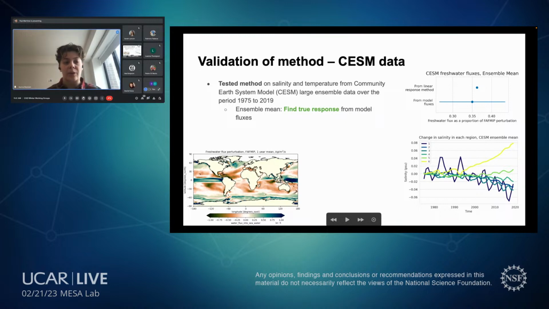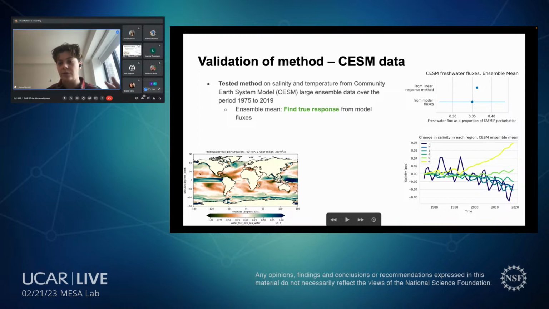The method that we just talked about makes an inference from these time series and gives us an amplification as a proportion of the step forcing pattern. So the output of the method is as a proportion of the map shown in the lower left here, which is the freshwater flux step forcing. What we're looking at in the top right is comparing 2 things.